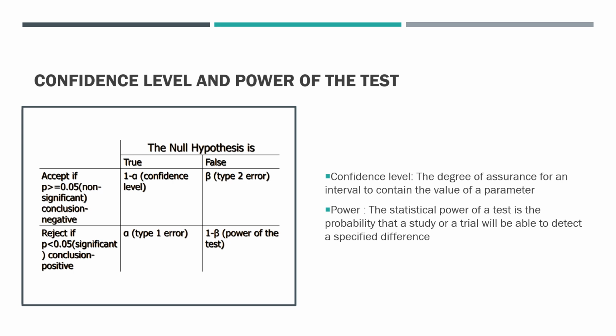The statistical power of a test is the probability that a study or a trial will be able to detect a specified difference. Meaning the alternative hypothesis is true, there is a difference between two drugs, and your test is also detecting there is a difference between two drugs. That probability is called the power of the test.